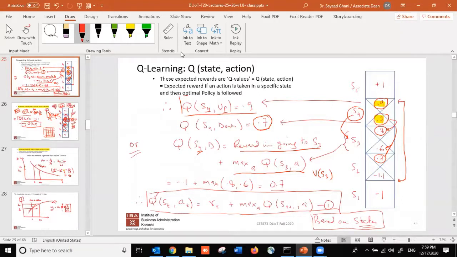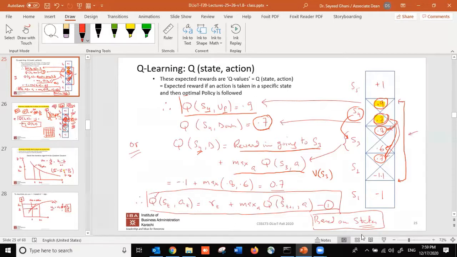So this Q value over here depends on the Q values of adjacent states. So it depends on the maximum Q value of where you will be in the subsequent time. So when you're going to another state, what is the Q value of that? So it's the Q value of adjacent states.